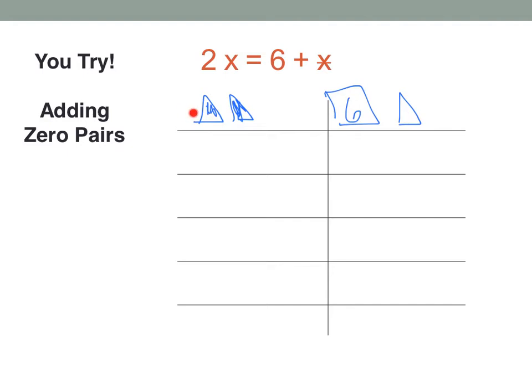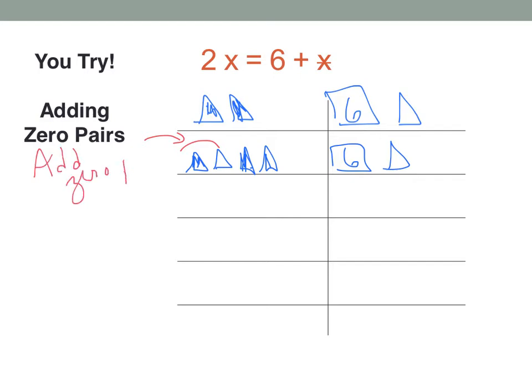So let's add a zero pair to the left side. So we just added this. Add zero pair. And now we can reset. So we have 1, 2, 3 blue pawns and a white, 6 and a white.